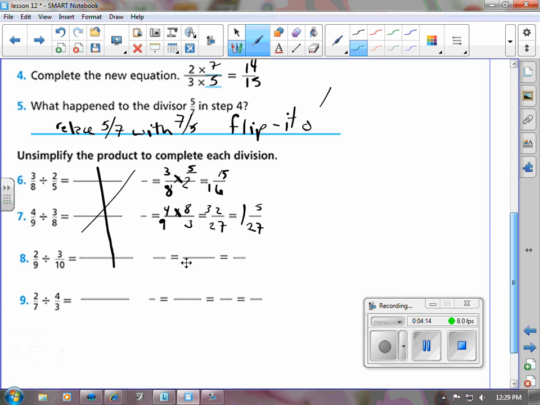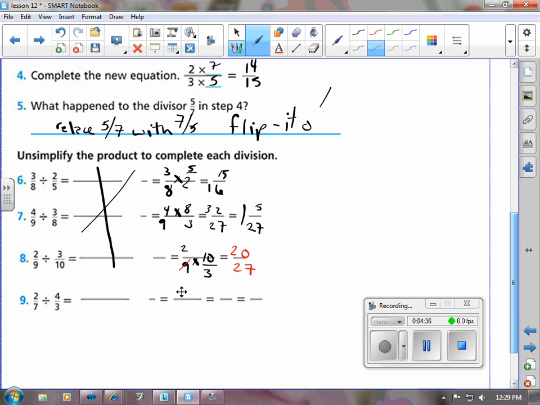Okay, a couple more. 2/9 times 10/3. Now at this point, if you wanted to simplify, you absolutely could. Because what I noticed, oh, no, you can't, sorry. It's 20 over 27.